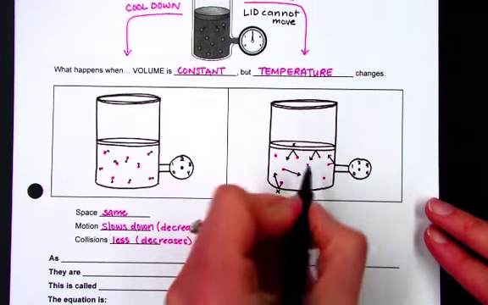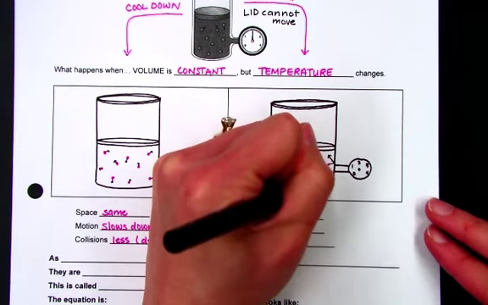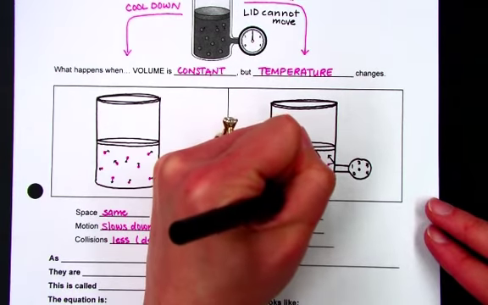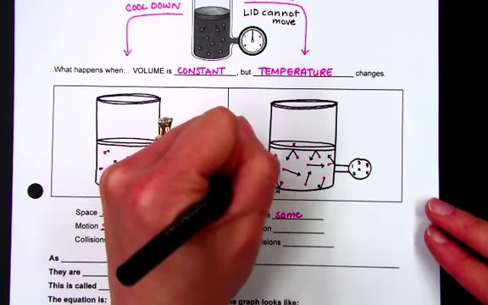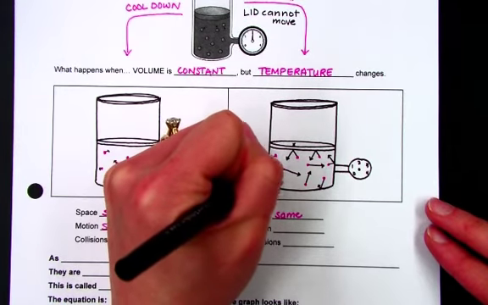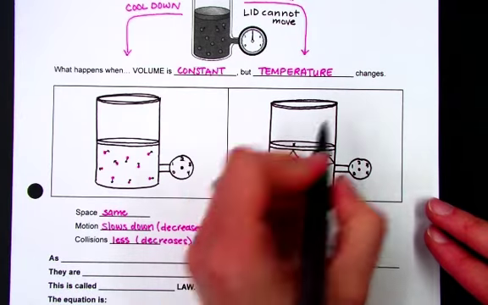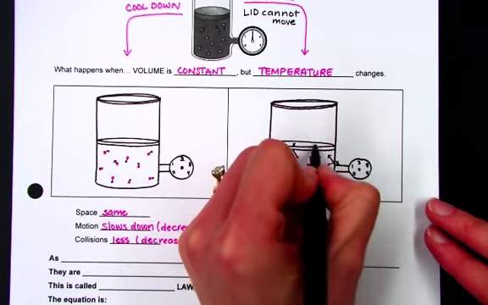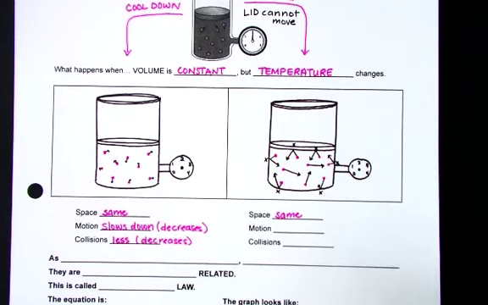And remember, when we are drawing our particles and our arrows, if they bounce off, we need to make sure that we put X's at all the points that they are bouncing off. What do the X's mean again? Good, these are collisions. So more X's means what?